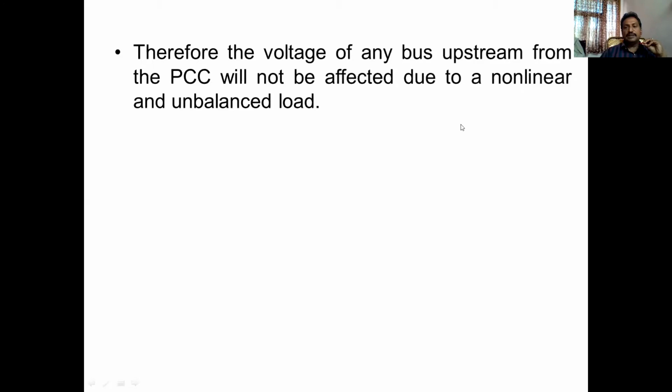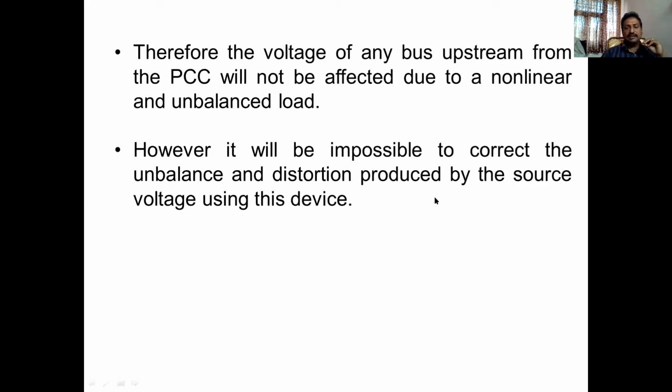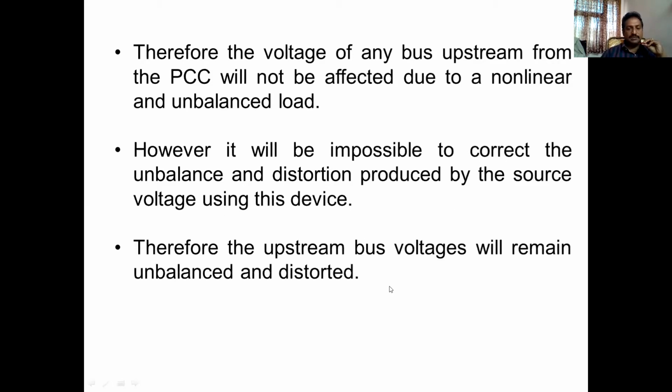The voltage of any bus upstream from the PCC will not be affected by nonlinear and unbalanced load. PCC means point of common coupling. However, it is impossible to correct the unbalance and distortion produced by the source voltage using this device. Therefore, the upstream bus voltages will remain unbalanced and distorted.